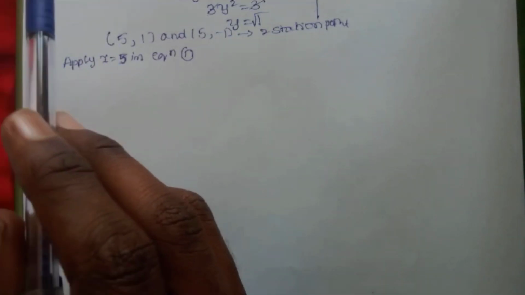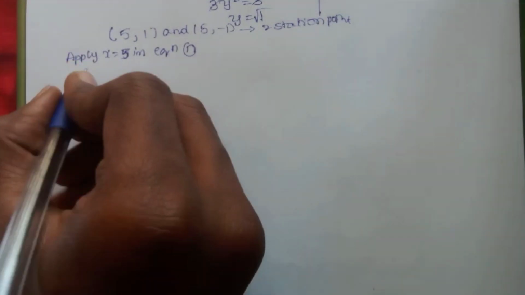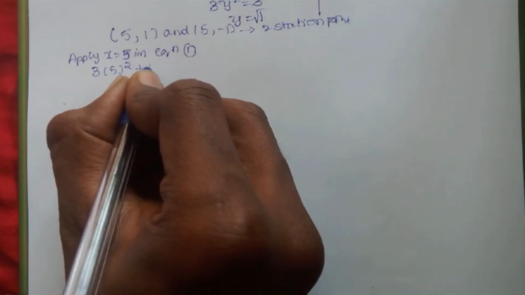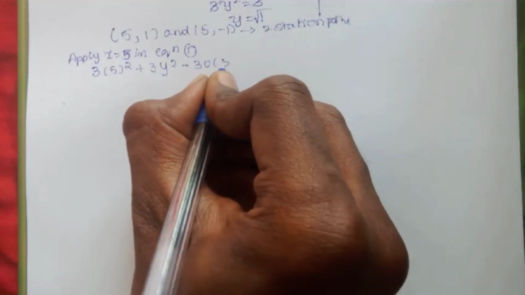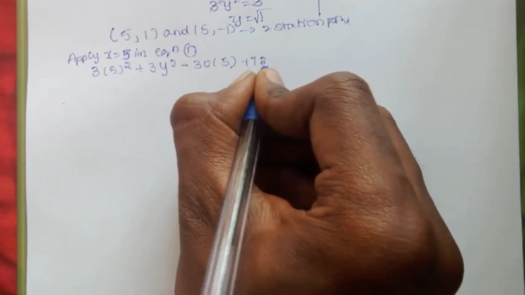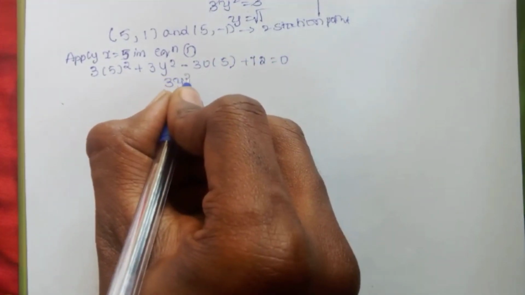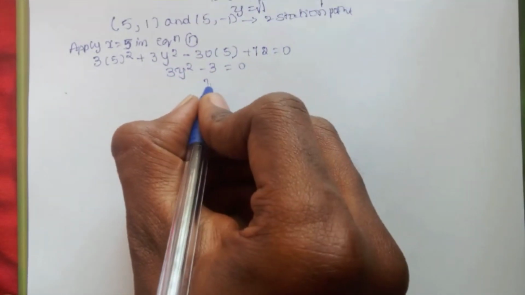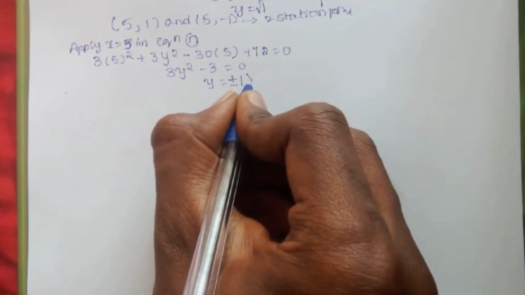After applying y, now apply x is equal to 5 in equation 1. That becomes 3 of 5 whole square, in the place of x we place 5, plus 3y square minus 30 of 5 plus 72 equals 0. When we solve this, we get 3y square minus 3 equals 0, and we get y is equal to plus or minus 1.